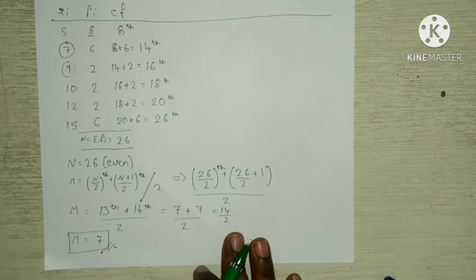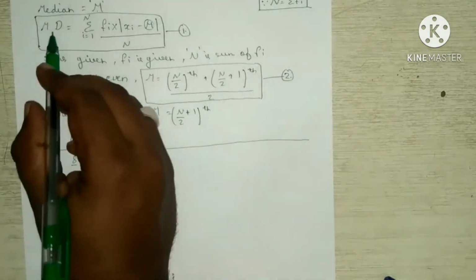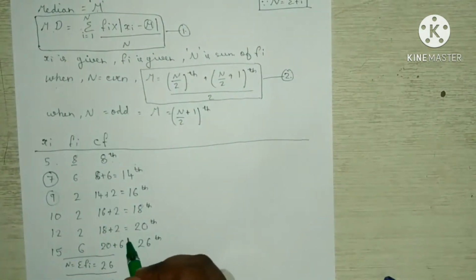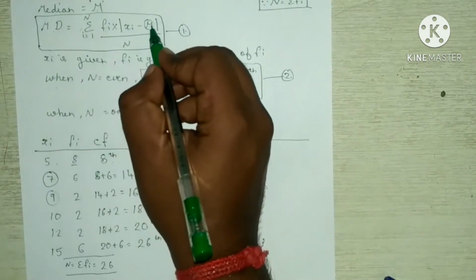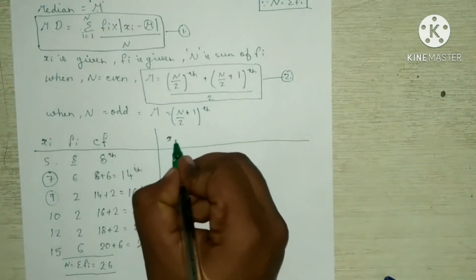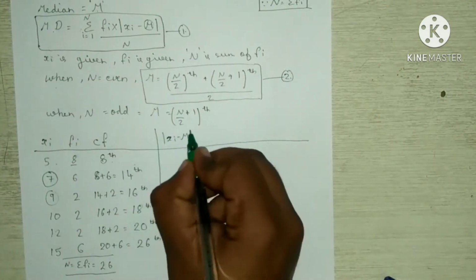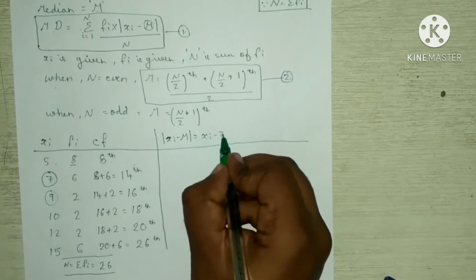We have got the median, M is equal to 7. Then you can apply it in equation number 1, which is the mean deviation formula. We need to find fi into modulus xi minus M. Now we find xi minus median, where xi is given and M is 7.